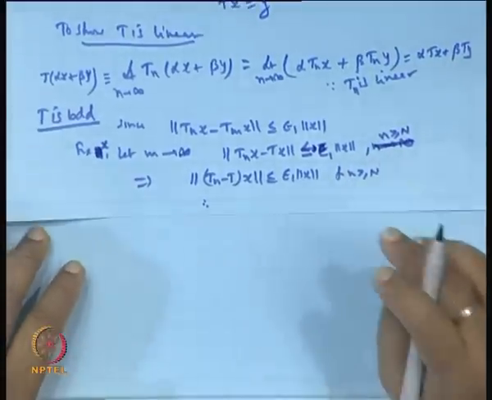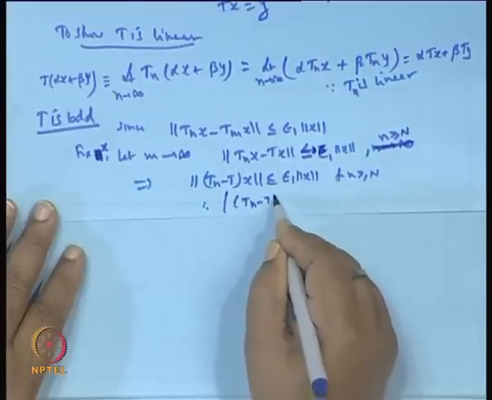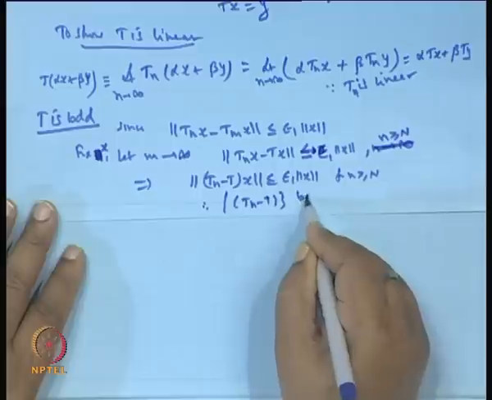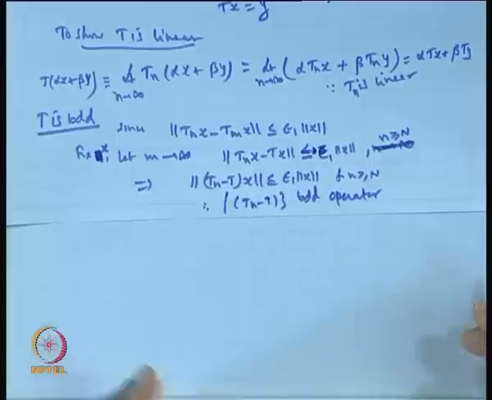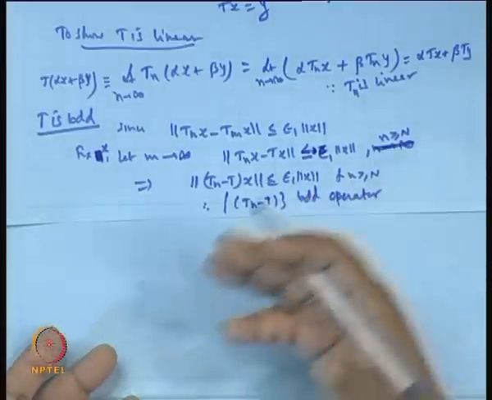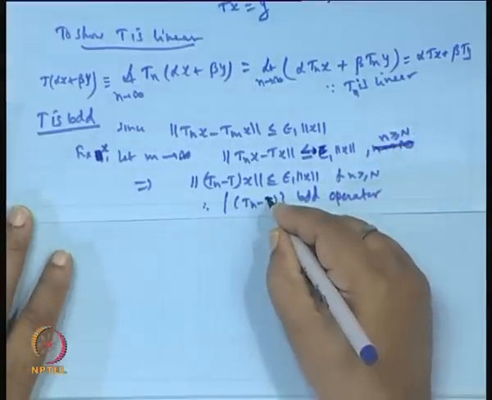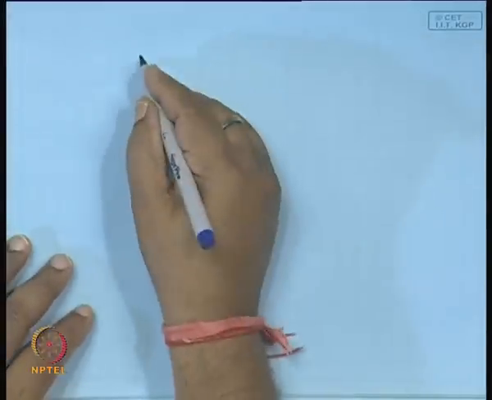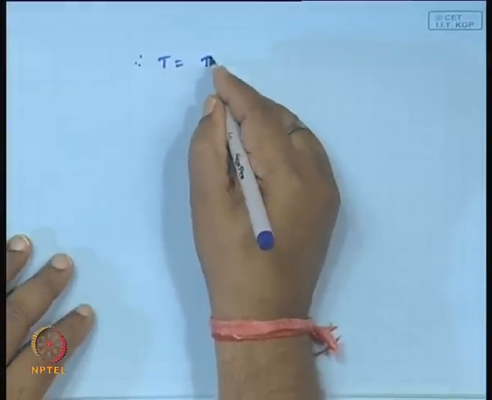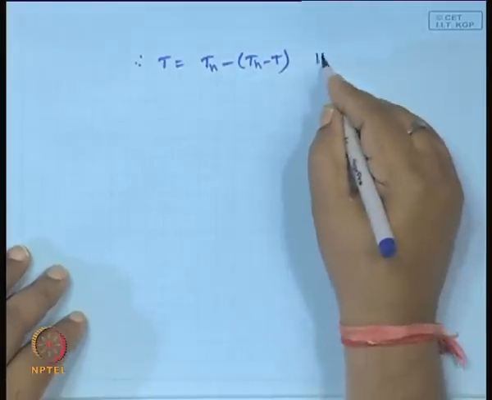Now, can you say this sequence Tn minus T is a bounded operator by definition? Norm x, so some constant. So it is a bounded operator. Once it is a bounded operator, therefore T, which can be expressed as Tn minus T, is a bounded operator.